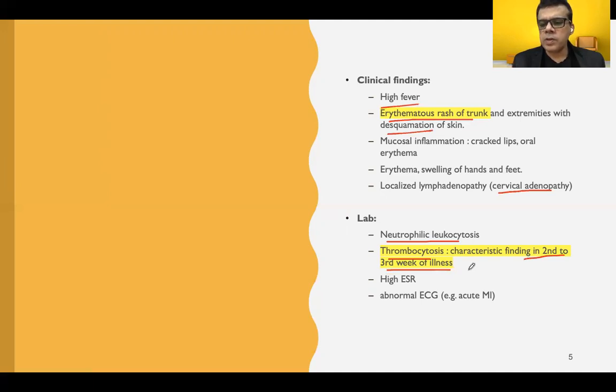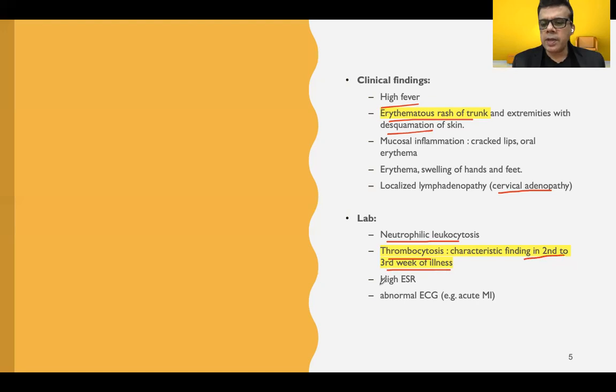So infants and children with very high thrombocytosis should always be investigated for Kawasaki disease. It's a very known cause of thrombocytosis in children, and also in some cases we may see thrombocytopenia even, but thrombocytosis is a much commoner feature compared to thrombocytopenia.